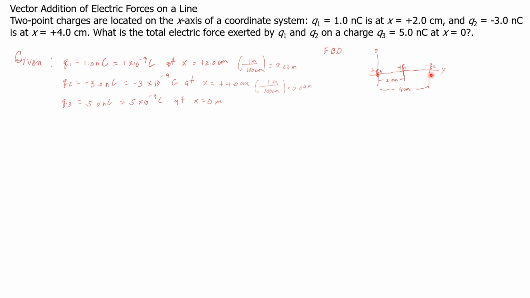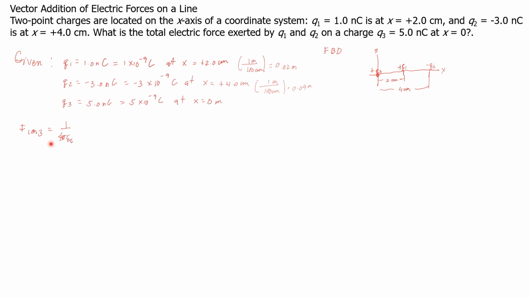At x equal to 4 centimeter, we have the negative Q2. Okay, so this is the FBD of the problem. Again, we have the charge 3, we have the charge 1 at 2 centimeter, and we have the negative charge 2 at 4 centimeter.